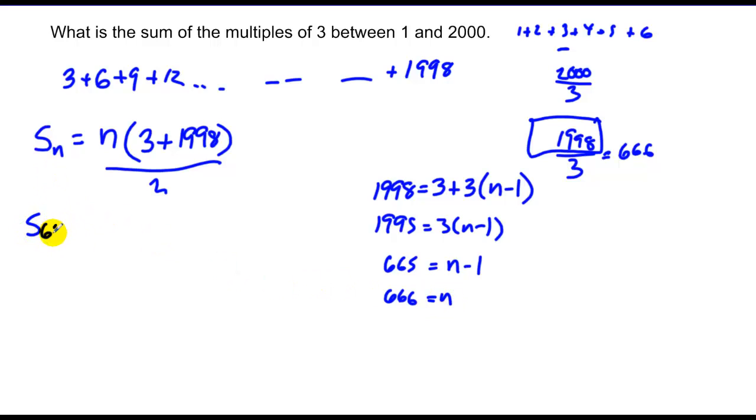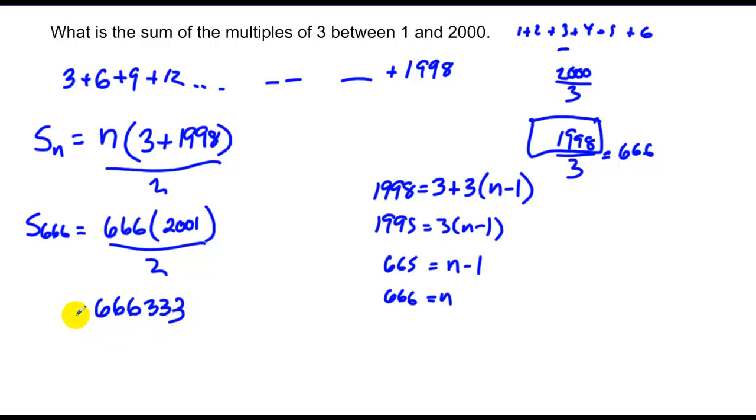The sum of 666 terms is equal to 666 times 3 plus 1998, that's 2001, over 2. We end up with 666,333.